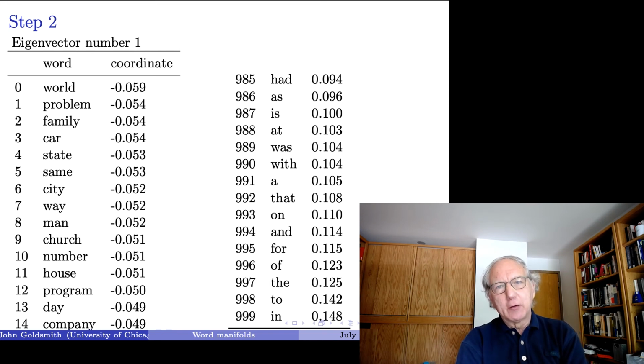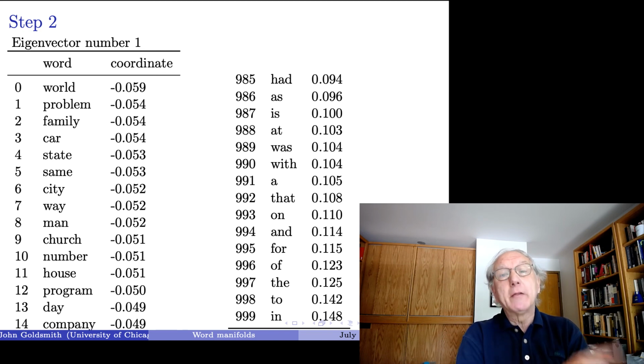The eigenvector corresponding to it is not of interest to us. It only reflects the frequencies of words in the corpus, and that we already know on the way in. So it's the next eigenvalues and their corresponding eigenvectors that matter to us. The one that we're not looking at, I'm calling the zeroth eigenvector. This is all very standard stuff. And then the next one is eigenvector number 1.